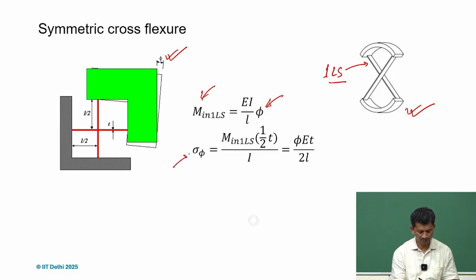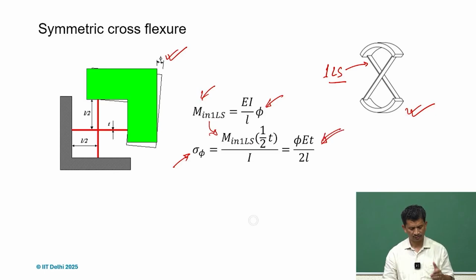Similarly, for the stresses, it's My, where y is the top or bottom fiber, either in tension or compression, with maximum value T by 2 divided by I. When we substitute for M here, the maximum stress is phi E times T divided by 2L.